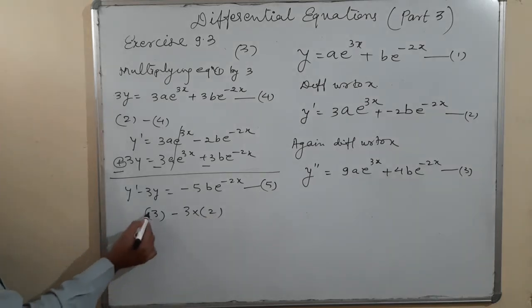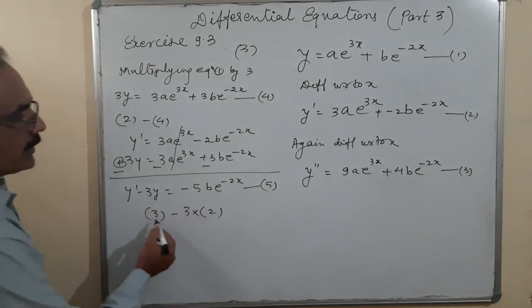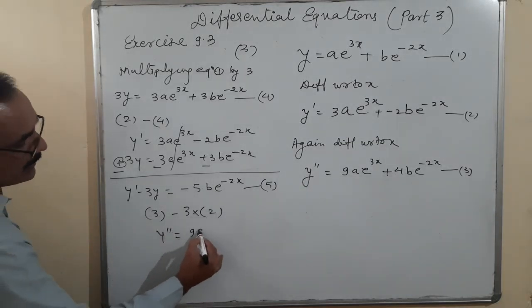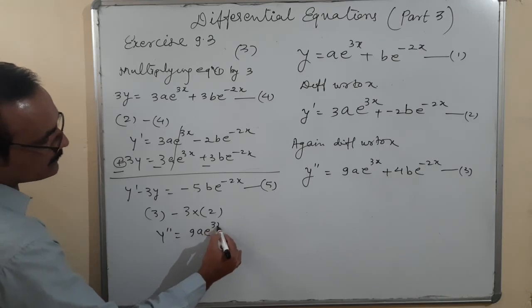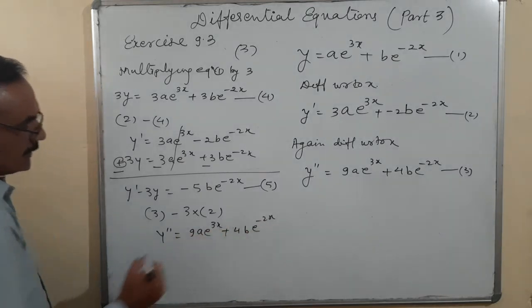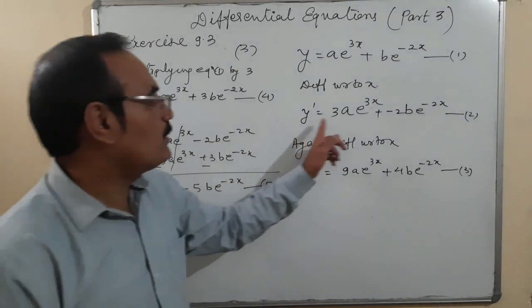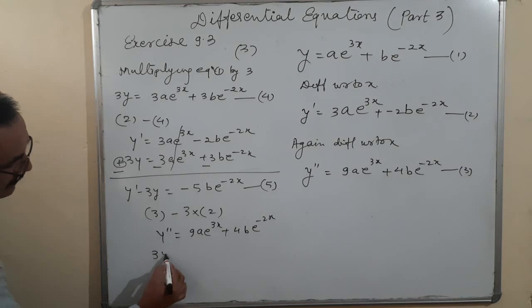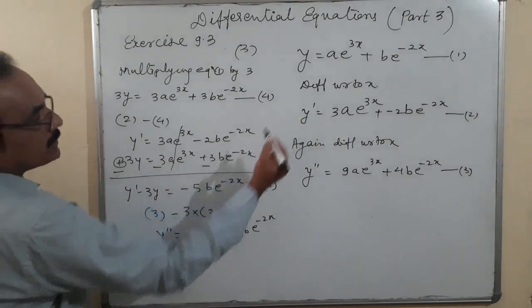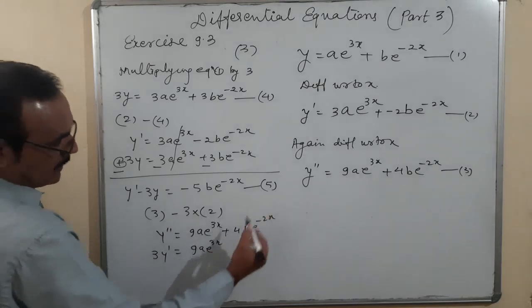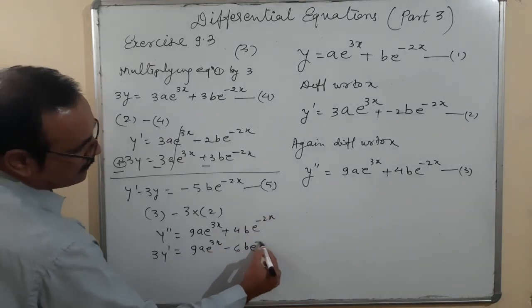So equation 3, y double dash is equal to 9a e to the power 3x plus 4b e to the power minus 2x. Equation number 2 will be multiplied by 3 first. So it is 3y dash is equal to 3 times 3 is 9a e to the power 3x minus 2 times 3 is 6b e to the power minus 2x.